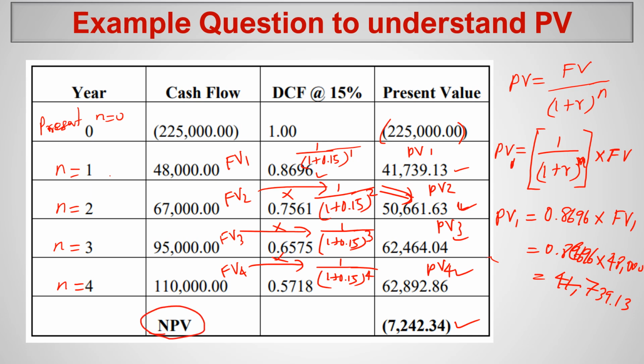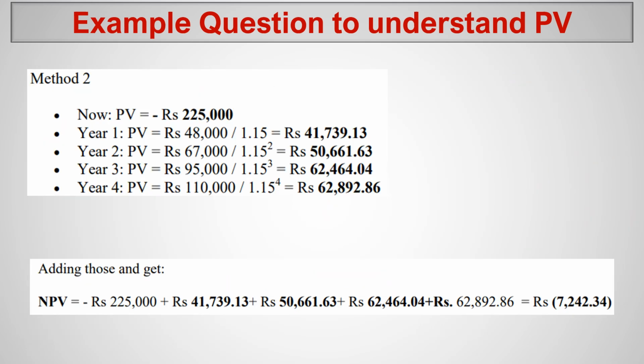So definitely we do not want to invest in this business. If we invest, we will lose the money. That's the meaning of getting the negative number. What is the decision? If the NPV is negative, it means we are not going to invest in the project. So you can find the answers here.